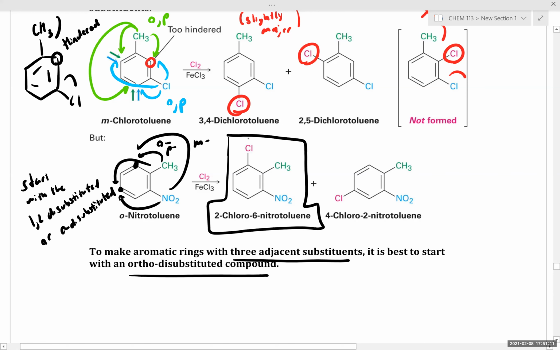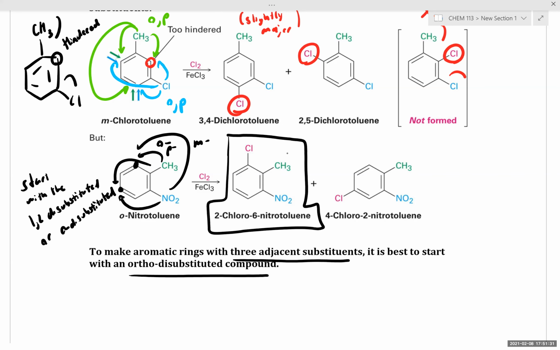You're installing your substituent adjacent to another substituent in the ring. And as a result, you pay less of a steric penalty, and it's easier to install that functional group via electrophilic aromatic substitution.